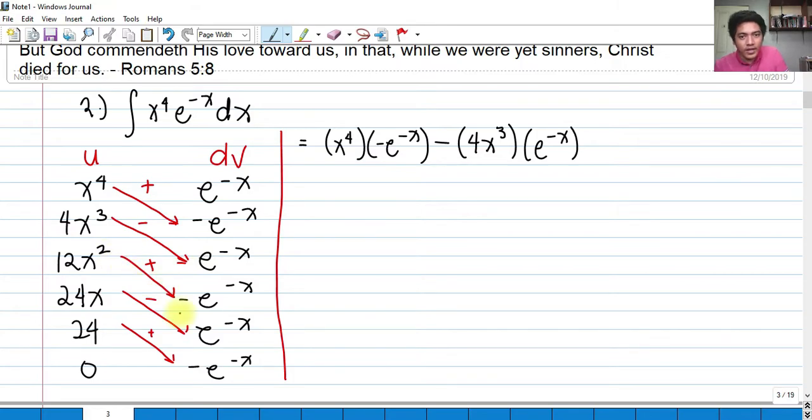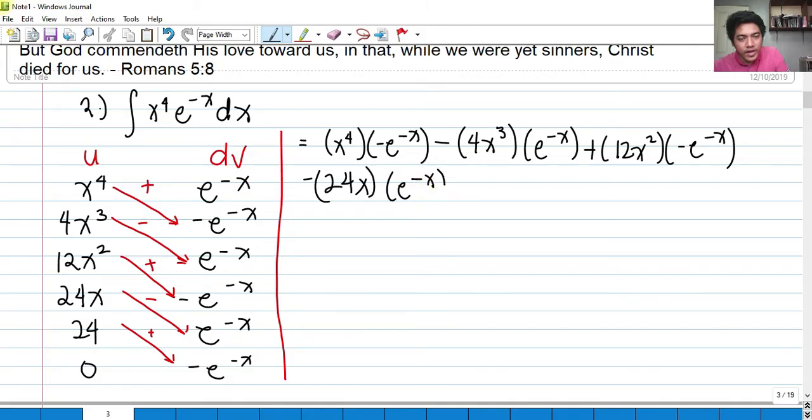This one, and another one, we have plus 12x squared multiplied by negative e raised to negative x, okay, minus 24x multiplied by e raised to negative x, and then finally we have plus 24 multiplied by negative e raised to negative x plus c.